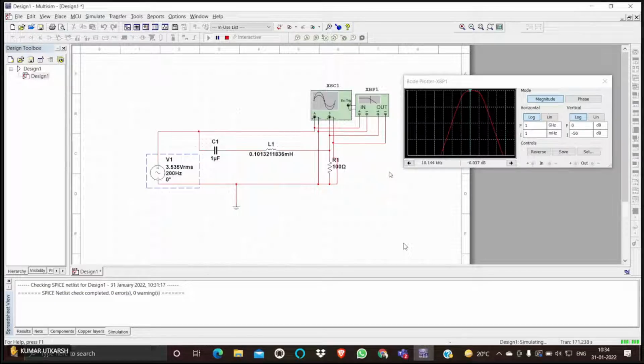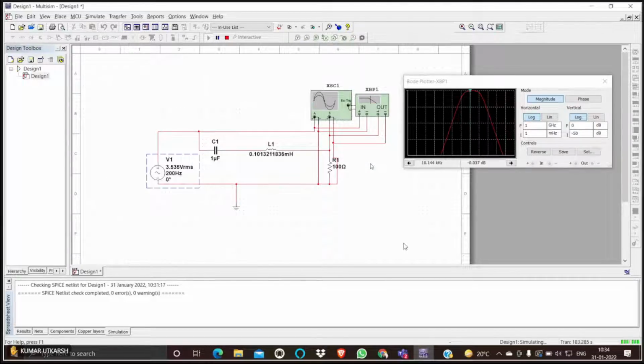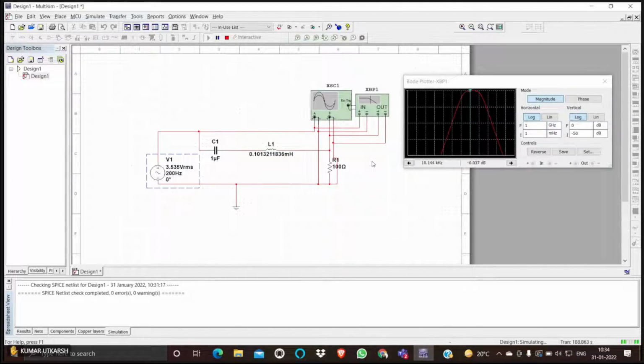R is already given as 100 ohms. You may take another value, but suppose it is 100 ohms only. So for resonance, the value of R does not impact our circuit. At resonance, whatever value of R is there, it does not depend on the value of R. It only depends on the value of L and C. So first you assume a resonant frequency, then assume the value of either L or C, and then calculate the other one.